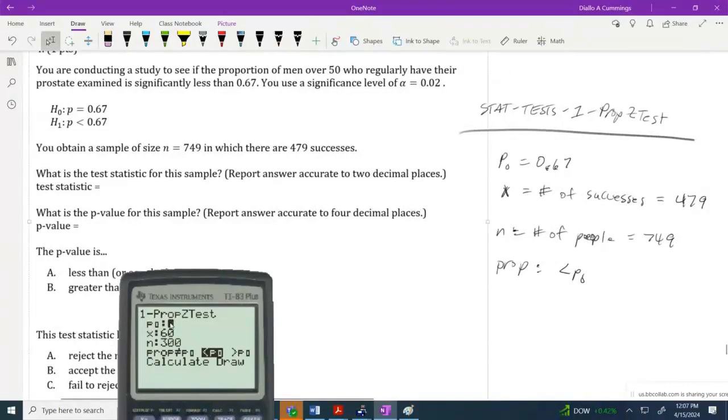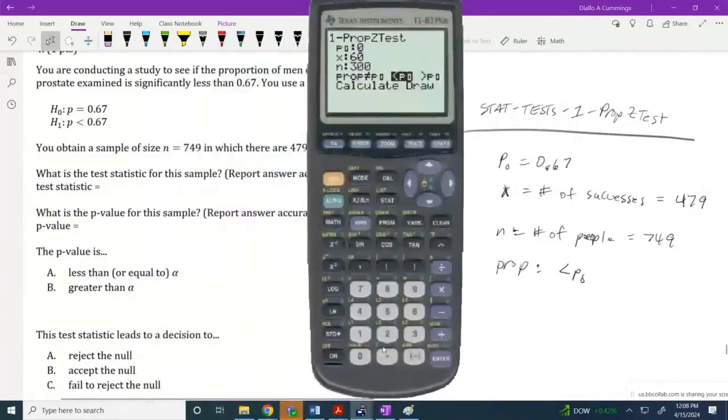All right. So I'm going to put that in: 0.67. X is 479. N is 749. And we're going to use less than.